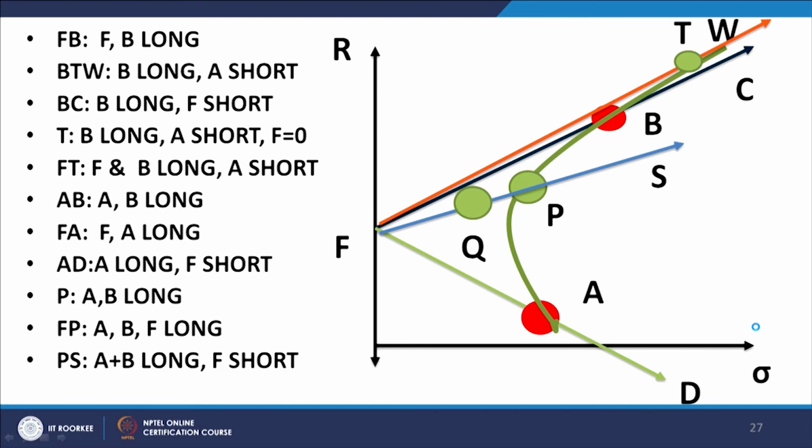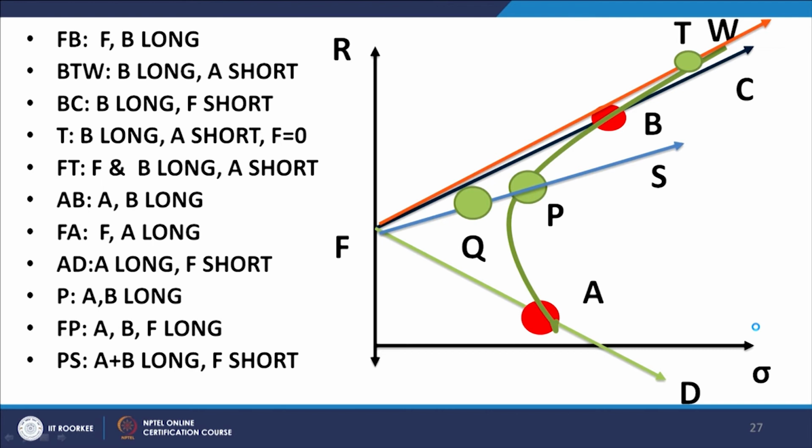And if you take any arbitrary point Q in between F and P, then it would be a linear combination of F and P, but P itself is a combination of securities A and B both long.